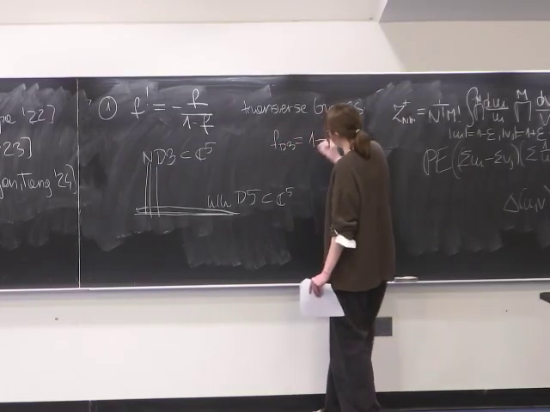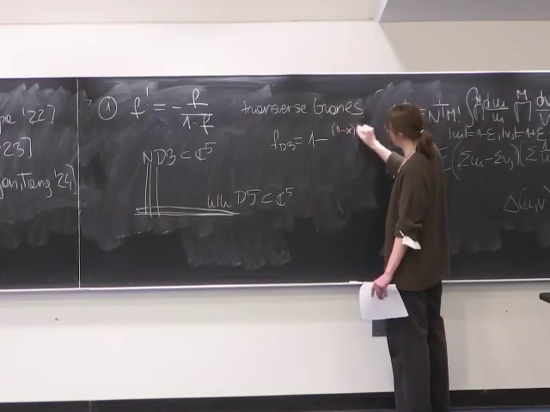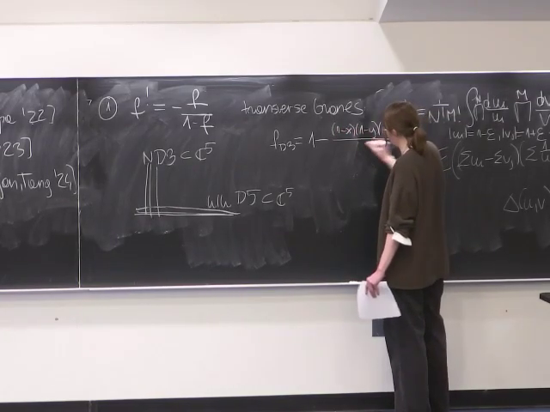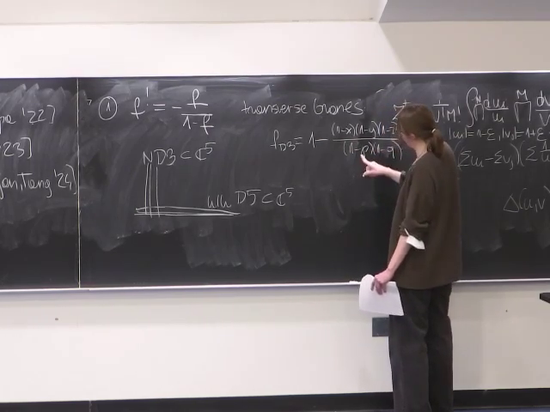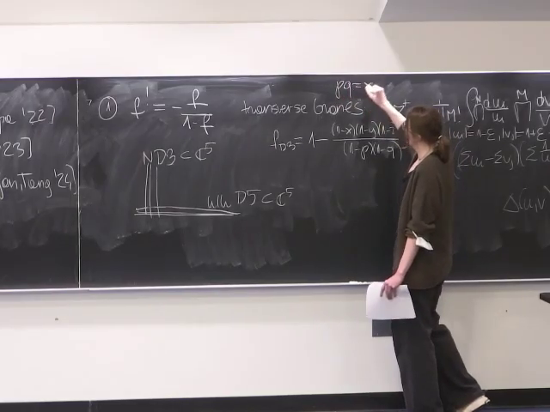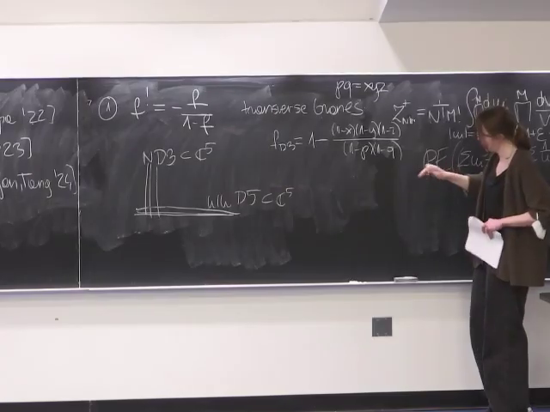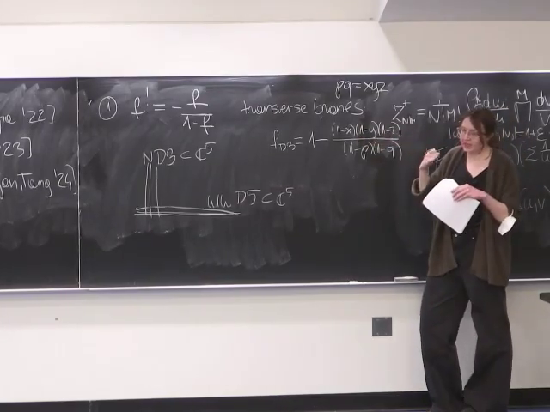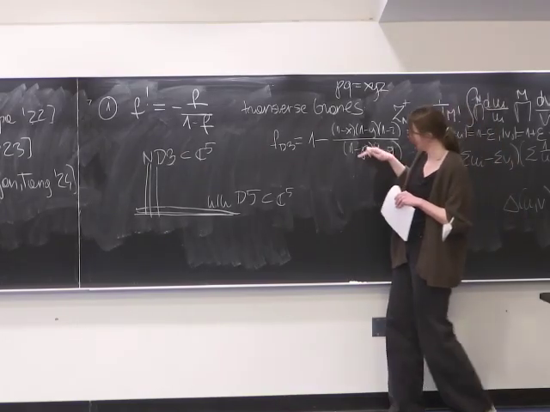So if you are familiar with the index of N equals 4 super Yang-Mills, it looks like this. And there's 5 fugacities with 1 condition. But if not, then you should just trust me that it always works like this: the numerator tells you how many transverse directions you have to the brane.